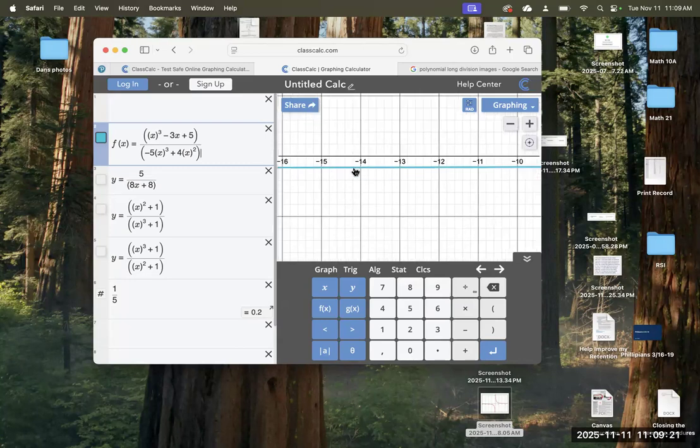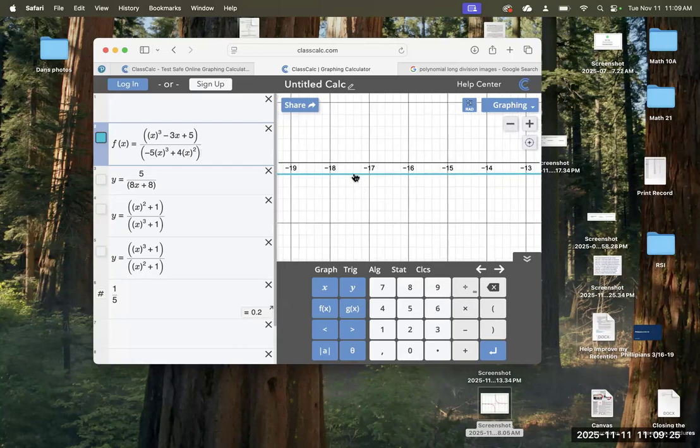As we go further out here, we can see that this graph is getting closer to -0.2. This point is -0.189, and then it's getting -0.19.